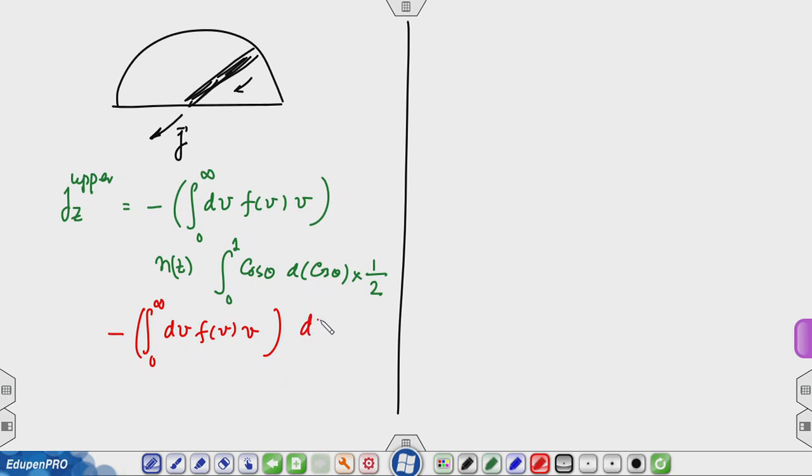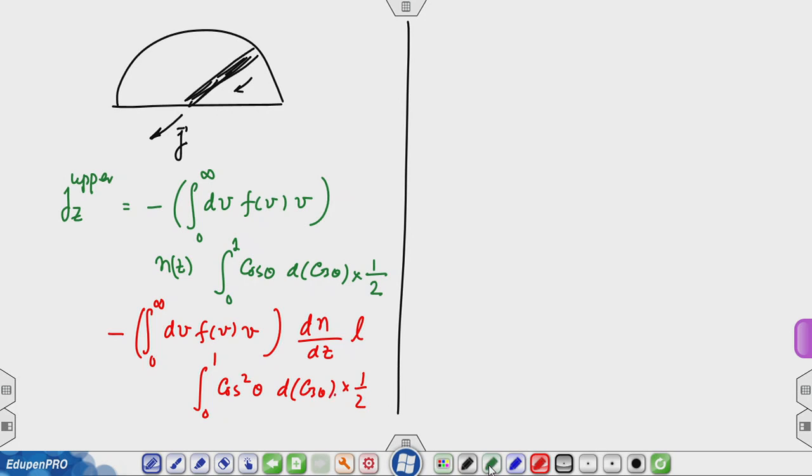Then I get dn by dz. Then I have L, cosine theta will go in, then I'll have 0 to 1 cosine square theta d cos theta times 1/2.